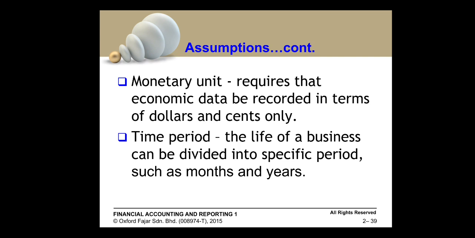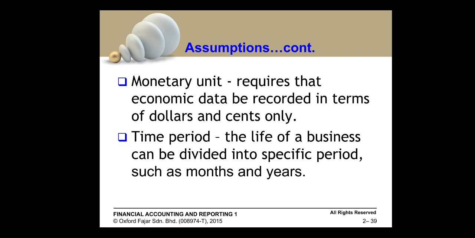We assume that the life of this business can be divided into specific periods such as months and years. When we assume that, then when we do accounting records, we can calculate profit for one accounting period.